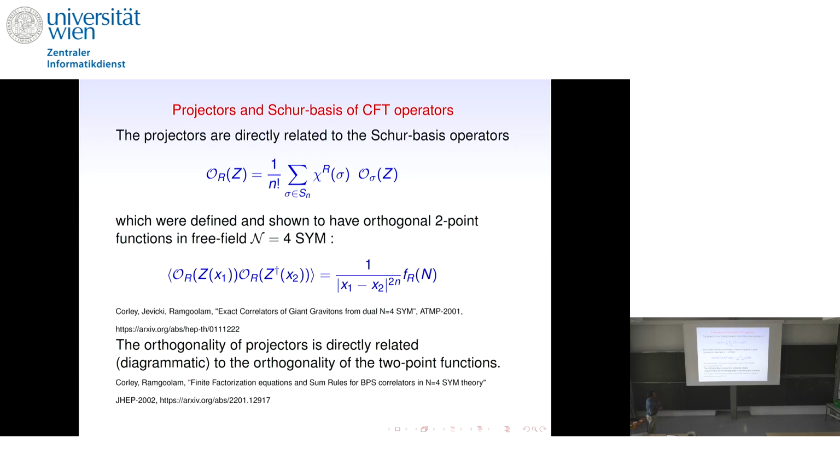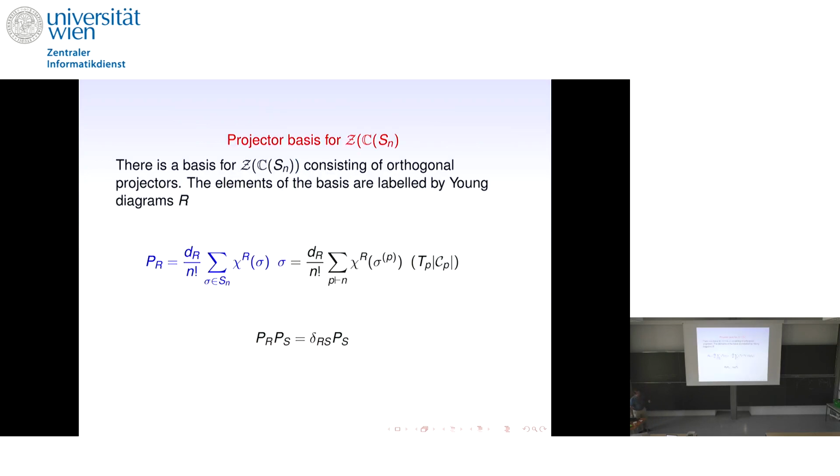And that orthogonality relation, which was derived in this paper with Antal and Coley, follows very simply, very easily from the orthogonality of projectors. So it's just a matter of setting up the combinatorics in the right way, and you see this, and it follows from the algebra.